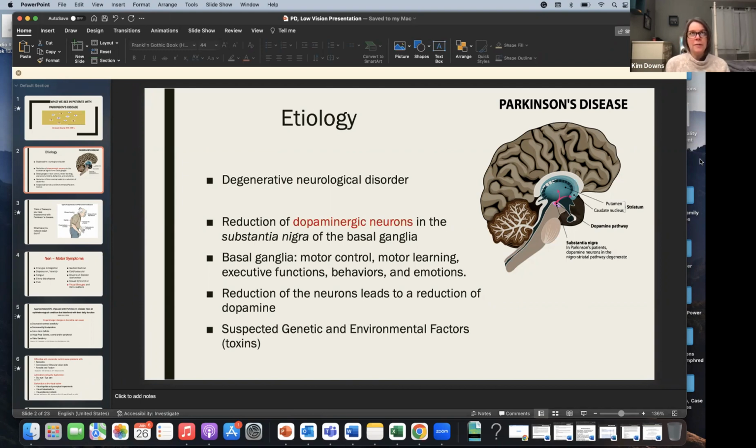There is now even a type of PD that's called familial PD. So there are some strong genetic links that are being found, but the vast majority is unknown.